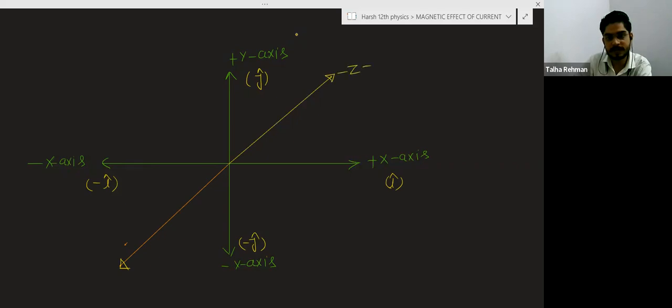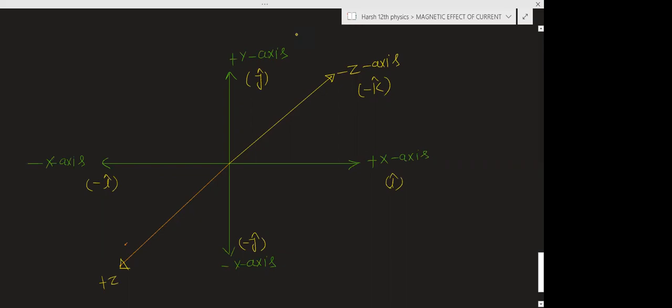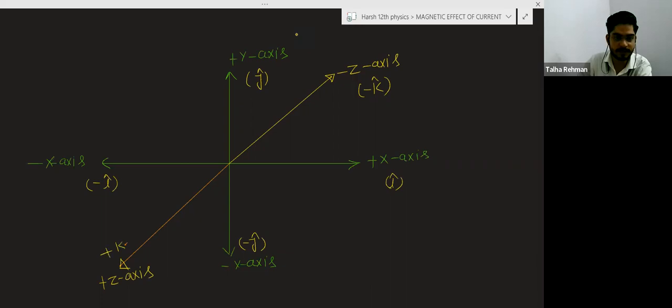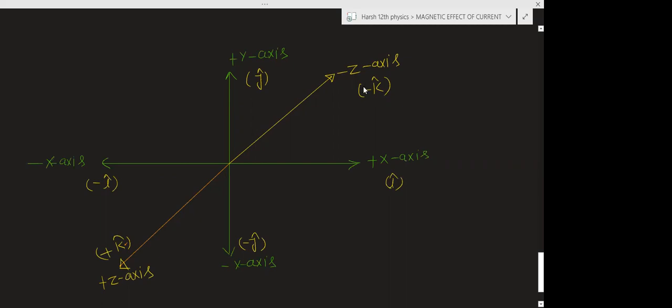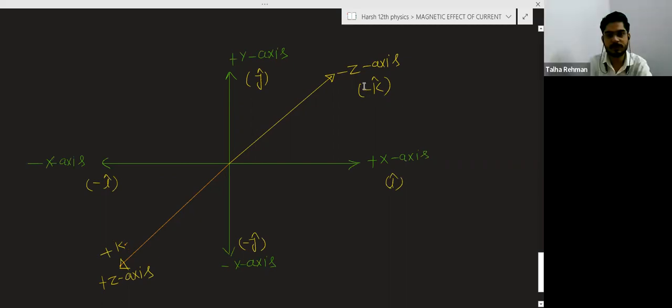The unit vector for the negative z-axis is minus k cap, and plus k cap is the unit vector for the positive z-axis. So now I have made this x-axis and y-axis on the screen.